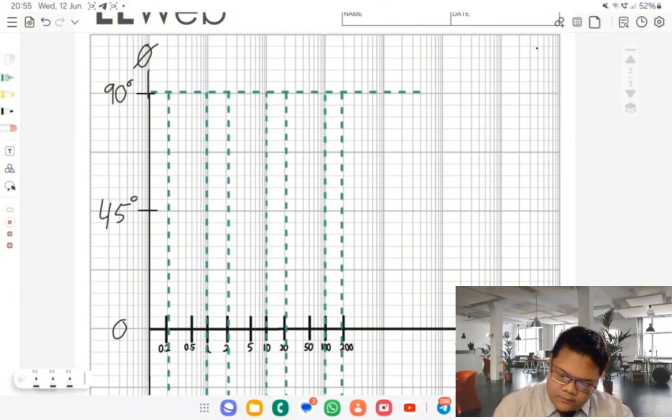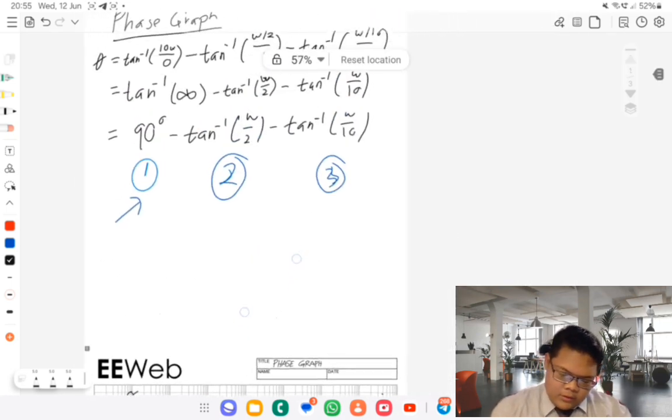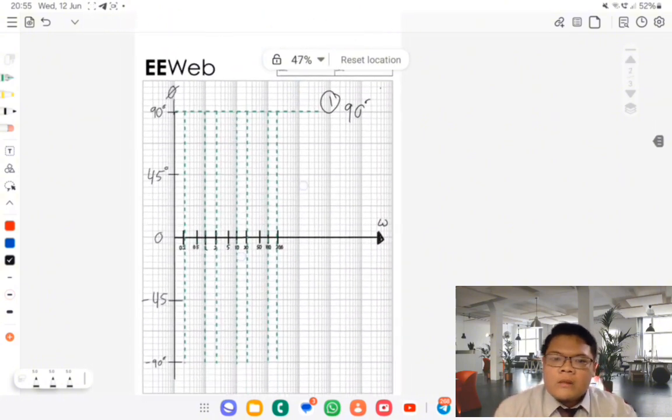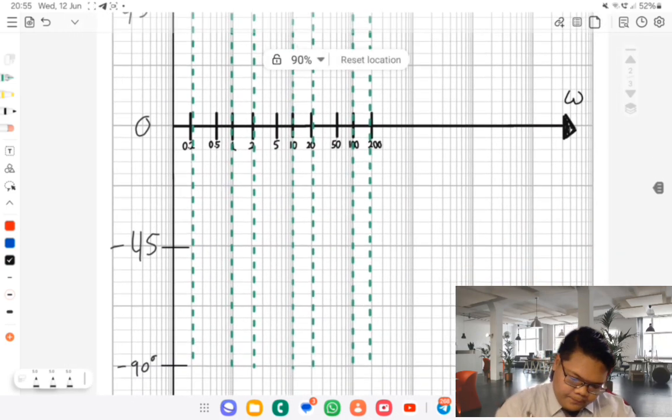So here is our first part. That is 90 degree. Okay, for the second part, you see here is an arctangent omega over 2. So for arctangent omega over 2, we have to plot starting from 0.2.